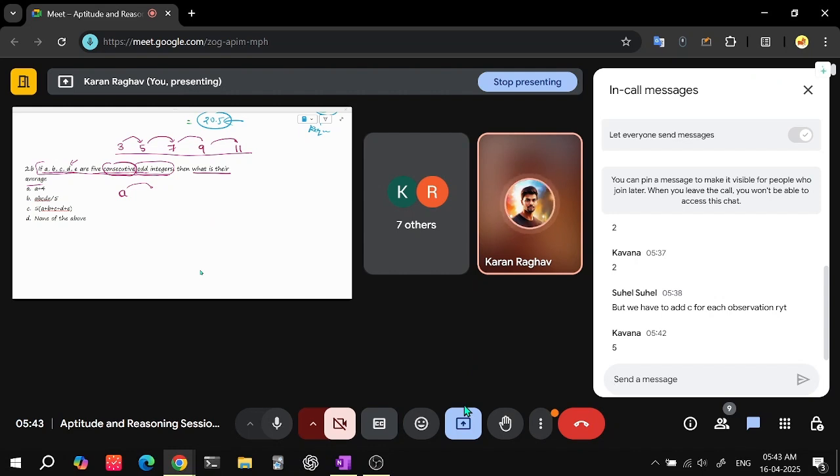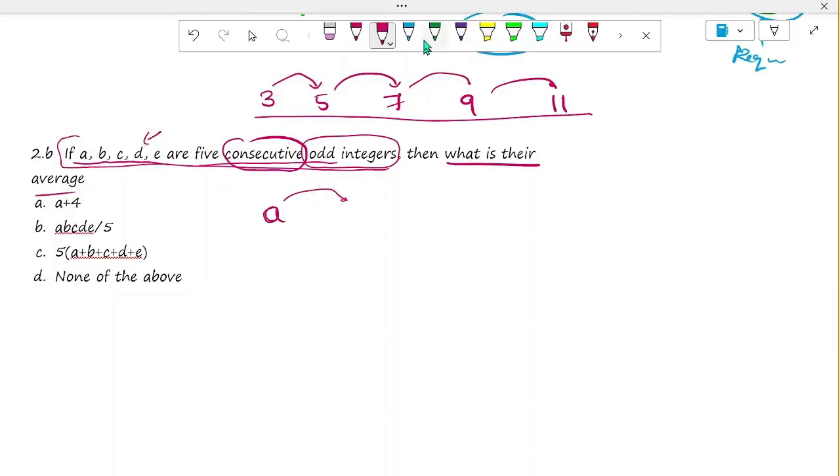As I have told, if it is consecutive values, you can just choose the middle one. That will be the average. So what is the middle one in this? 7. Yes, you can see that 7 is the middle. If you want, you can calculate and check.